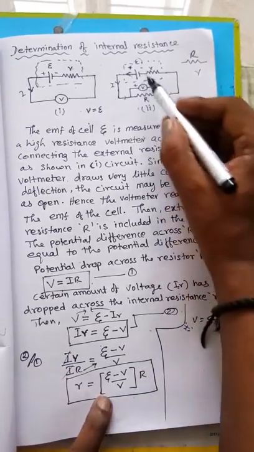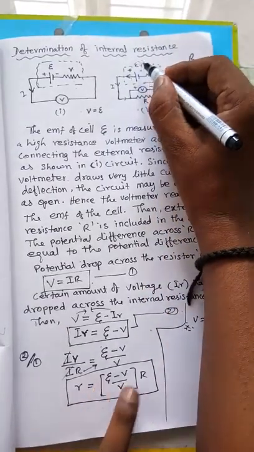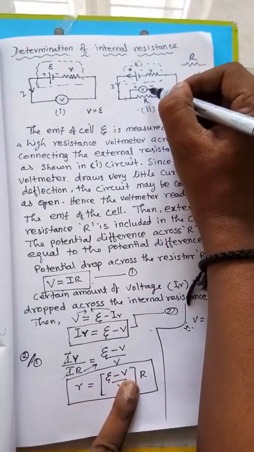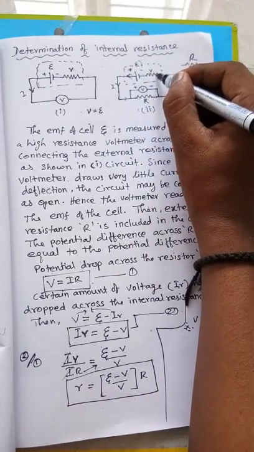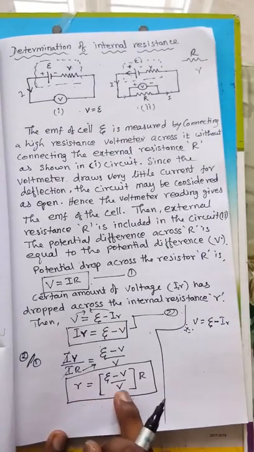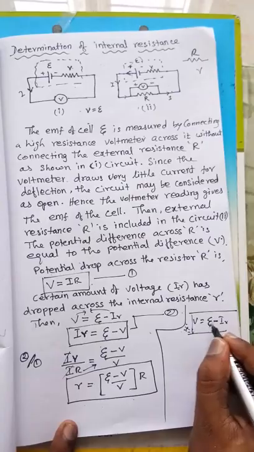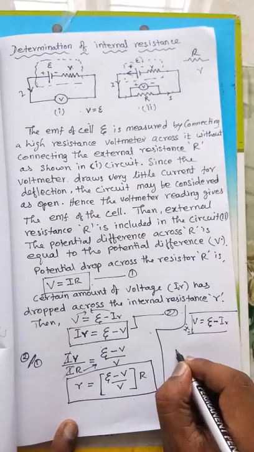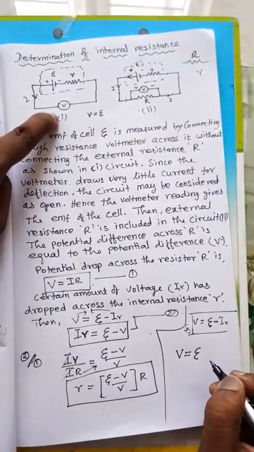In that circuit, suppose the EMF is a known value, V is a potential value, and R is a resistance value, then you can easily calculate the internal resistance of the given cell by using this formula. This is a very important formula. First condition: V is equal to EMF without external resistance.